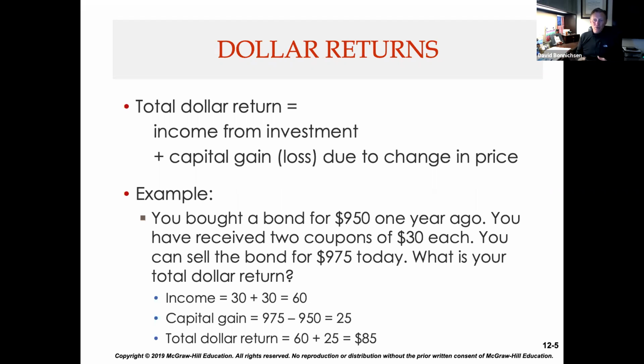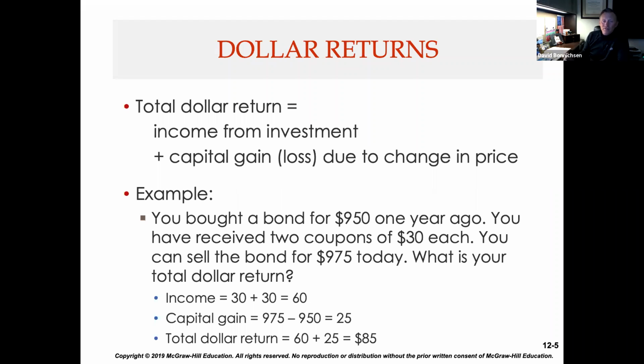So in this example, you bought a bond for $950 a year ago. You received 2 coupon payments of $30 each, so you got $60 of income. The bond is now trading at $975. So what's your total dollar return? Well, you got $60 of income from the coupon payments, right? And you made $25 on the actual bond purchase itself, so $975 minus $950.